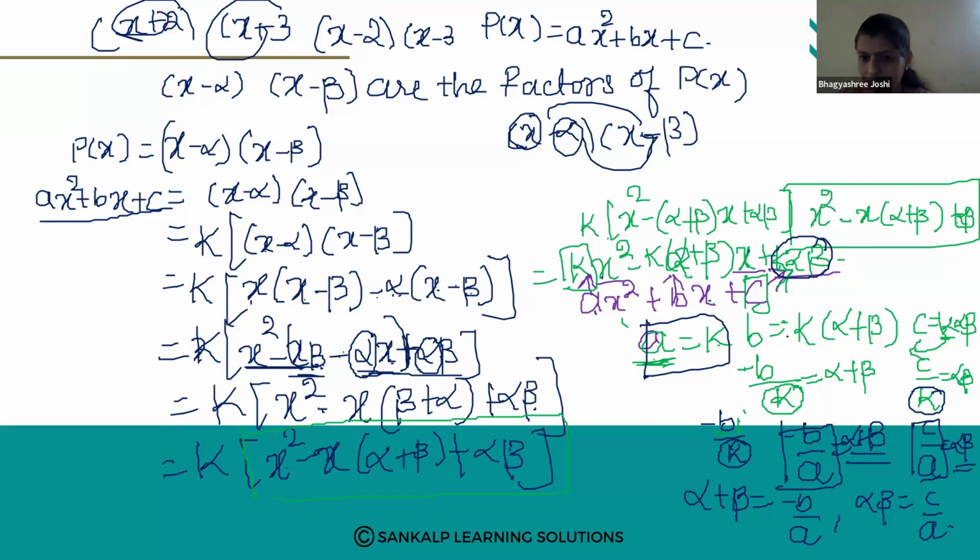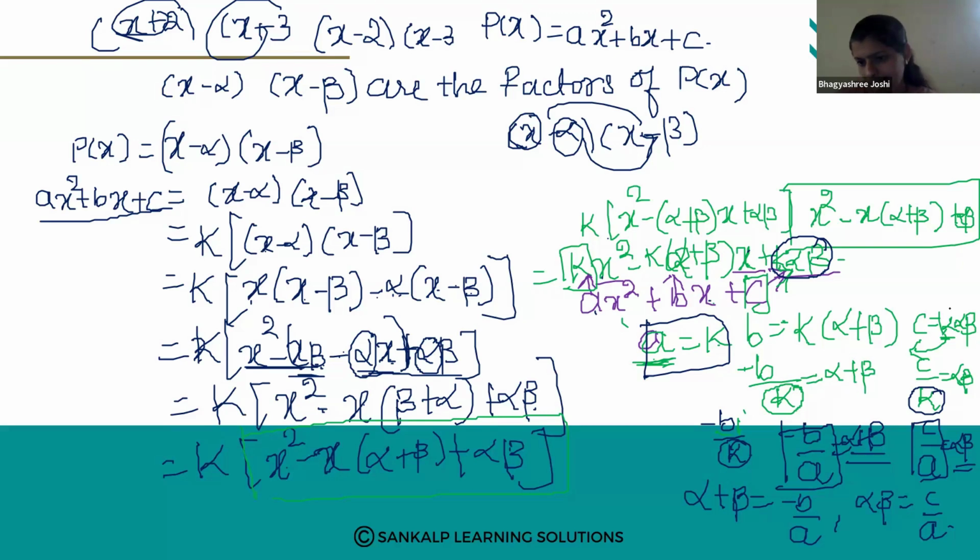Now observe carefully. k is equal to a, or a is equal to k. Transfer this k to this side. It becomes b divided by a. But it does not come just like that, it brings the minus along with it. So it becomes minus b divided by a. Yes or no? Minus b divided by k is equal to alpha plus beta.